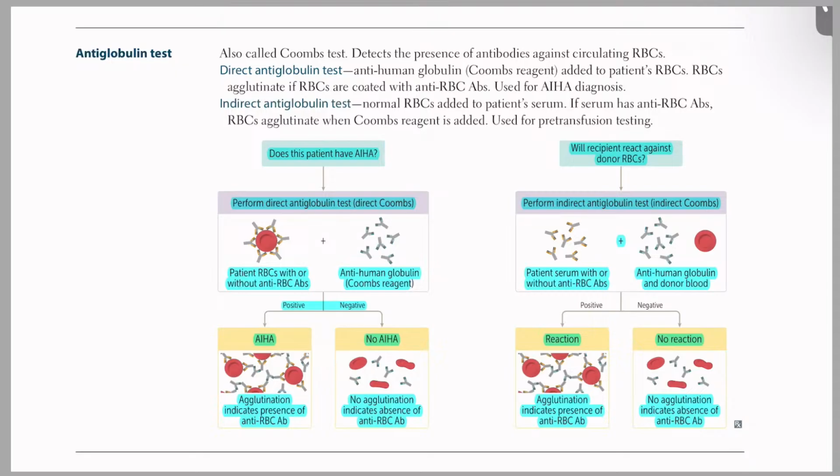What will happen in positive and negative? Positive reaction: agglutination indicates presence of anti-RBC antibodies. No reaction: no agglutination indicates absence of anti-RBC antibodies.